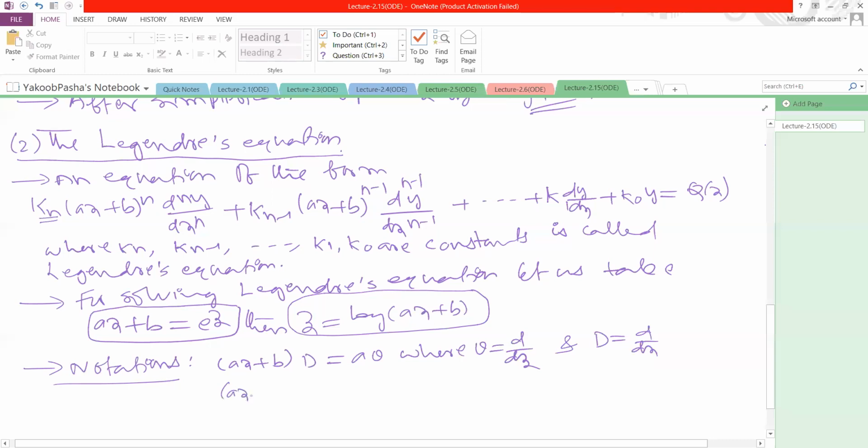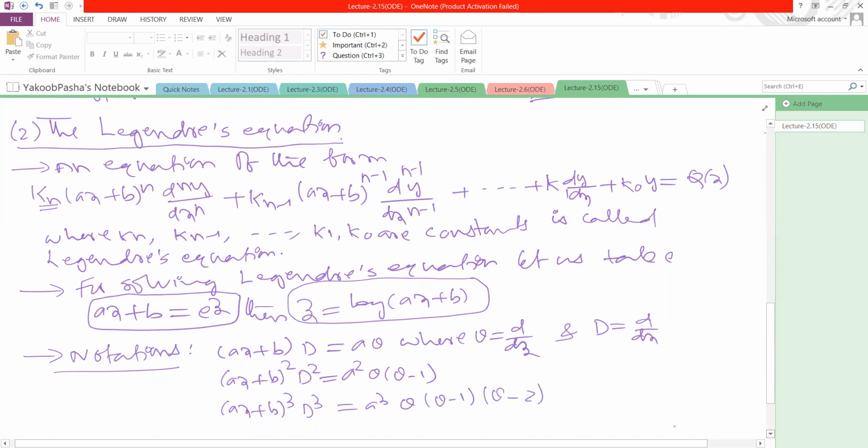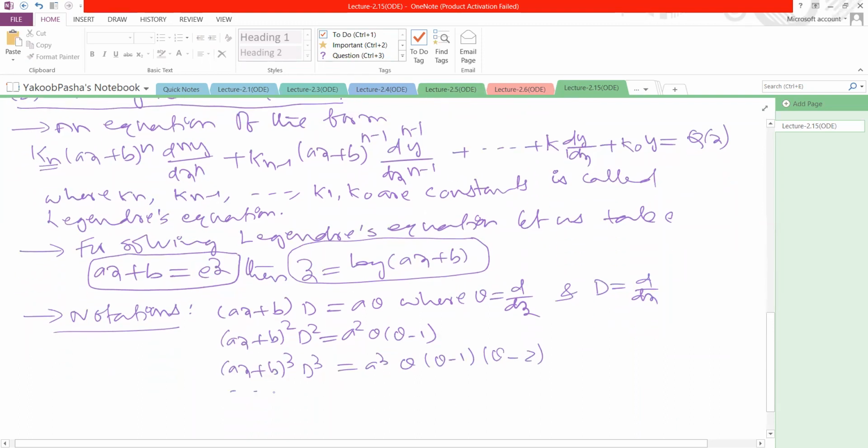And (ax plus b) whole square into D square is equal to a square into theta into (theta minus 1), and (ax plus b) whole cube into D cube is equal to a cube into theta into (theta minus 1) into (theta minus 2). And so on, we can continue.